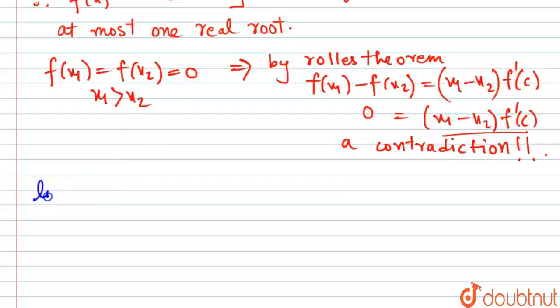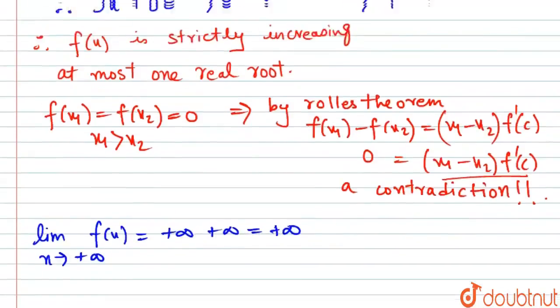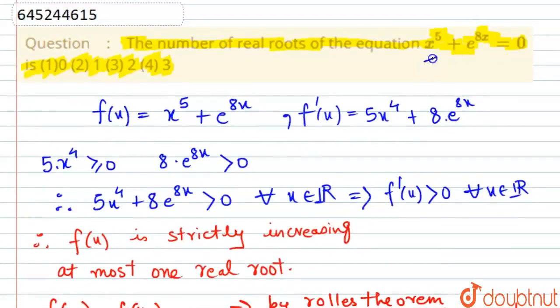Now the limit as x goes to plus infinity of f(x) is infinity, because the first term here goes to infinity as x goes to infinity, and this also goes to infinity as x goes to infinity. So f(x) goes to infinity as x goes to plus infinity.